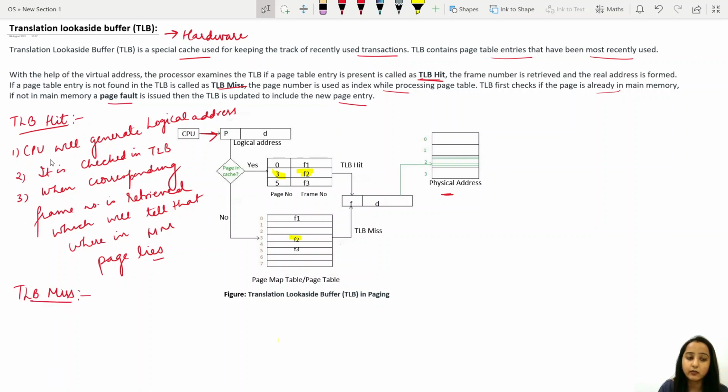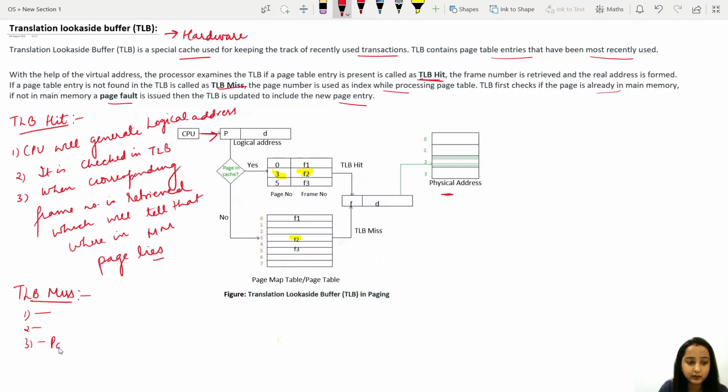Okay, so the second condition will be when a TLB miss occurs. The first step is that the CPU will generate the logical address. The second step is also the same. It is checked in the TLB, but now it is not present in the TLB. Then a TLB miss occurs.